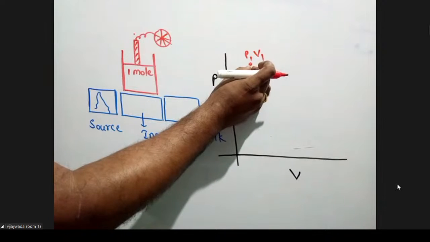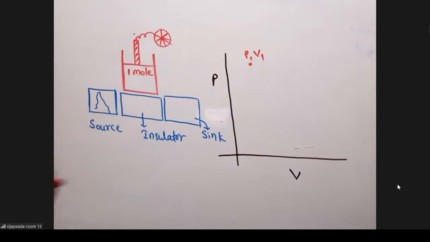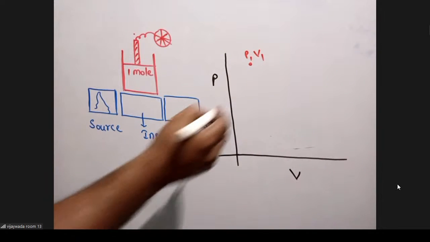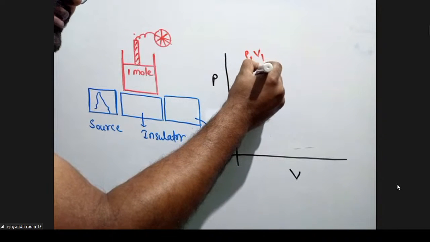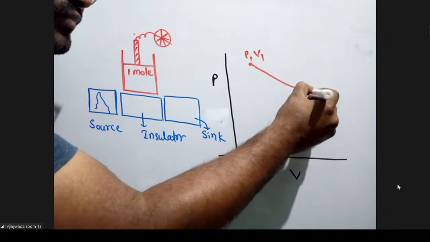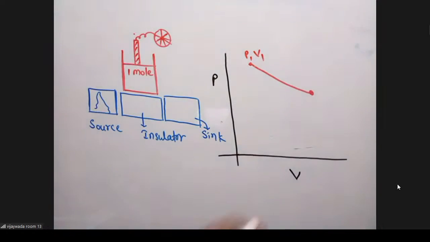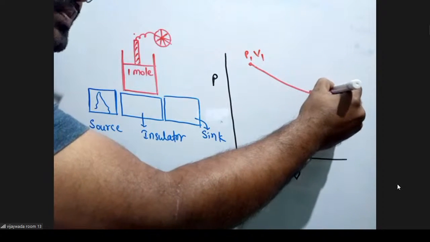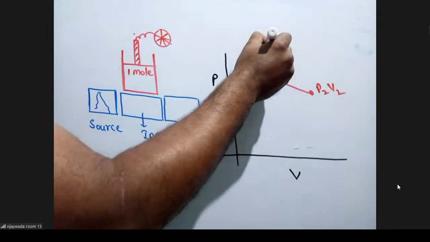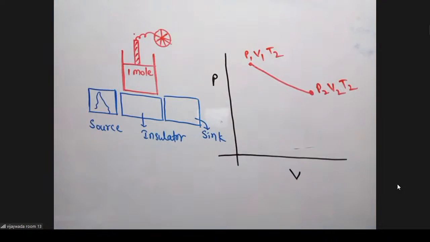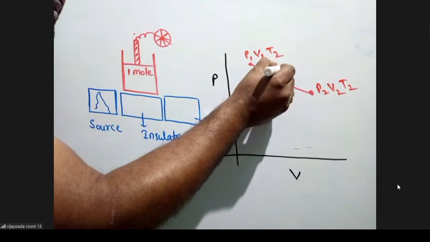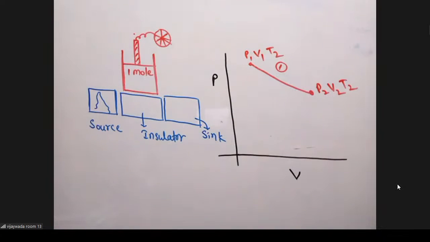When this system is subjected to isothermal expansion, volume increases, pressure decreases. Now it is P2, V2. Temperature is the same. Let's say temperature T2, because in an isothermal process temperature is constant. Let's say this is the first process.